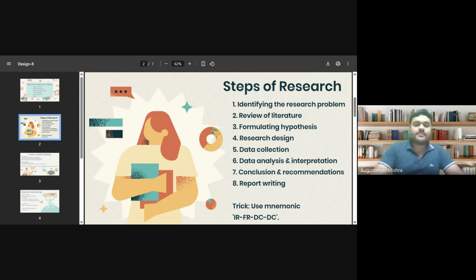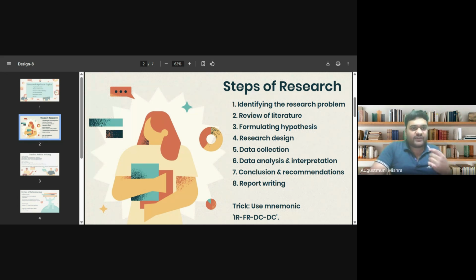Now, it also helps in contextualizing the findings. It means how value addition has been done by the researcher to the existing stock of knowledge. For example, if someone else is doing research on the same topic on which you are working, but maybe in a different geographical area, that is also going to help them.